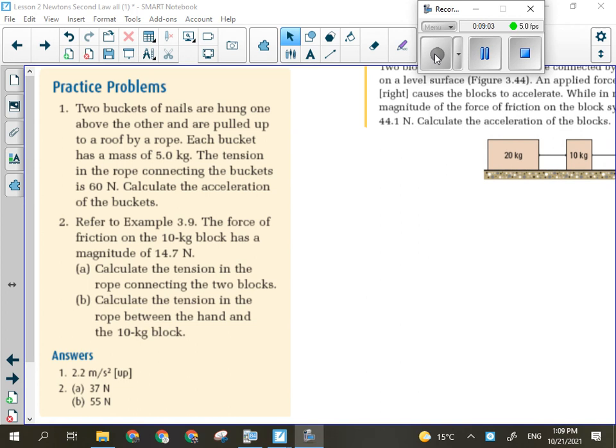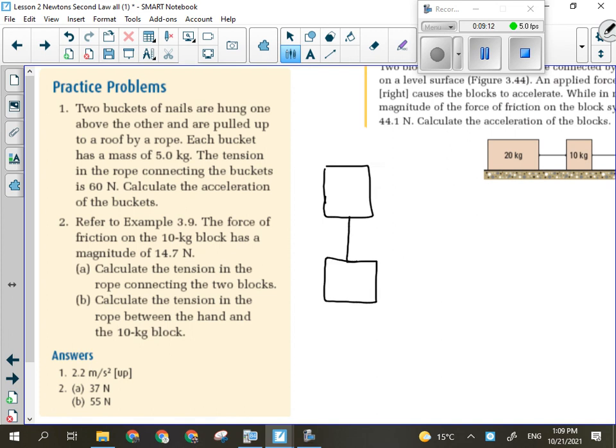So I've got two buckets of nails, and they're connected to each other, like this, and there's a rope pulling on the first one. Each bucket has a mass of 5 kilograms. The tension in the rope connecting the buckets is 60 newtons, so that means the force right here is 60 newtons.